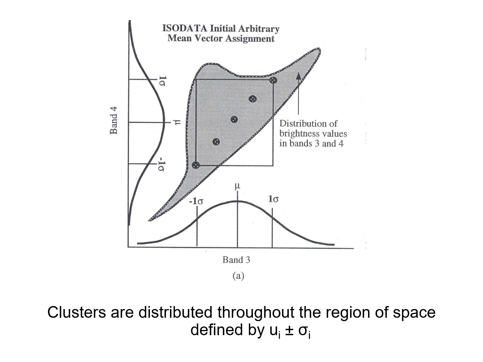Now we're going to add to that a guess about where the clusters actually are within that space. And we're just going to take the mean. You can see on each axis, you've got the normal distribution with a mean and plus or minus 1 standard deviation.